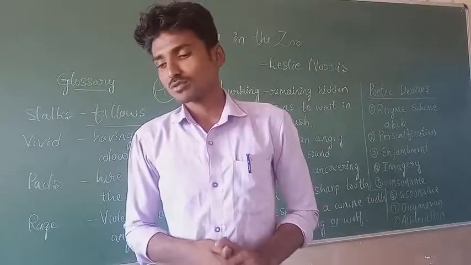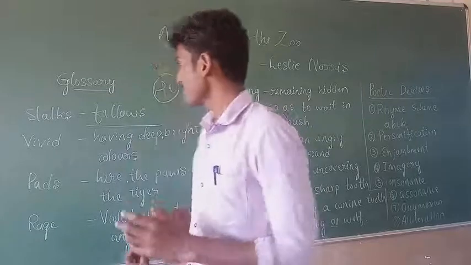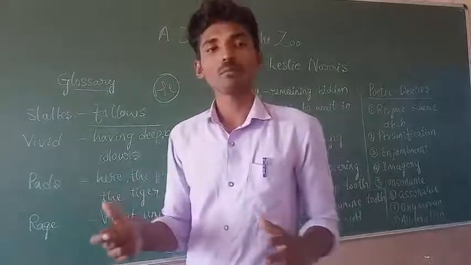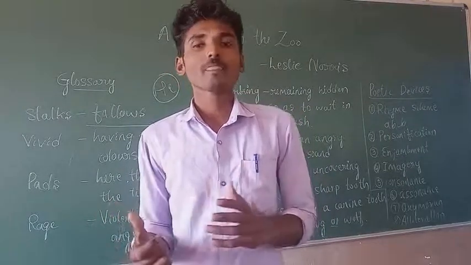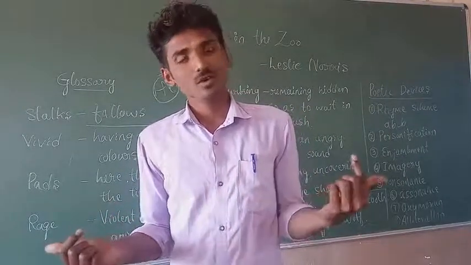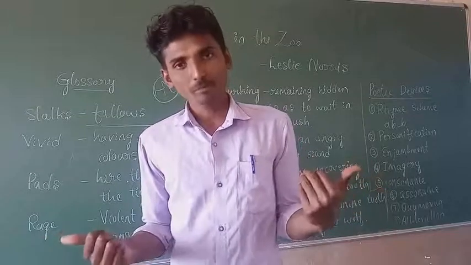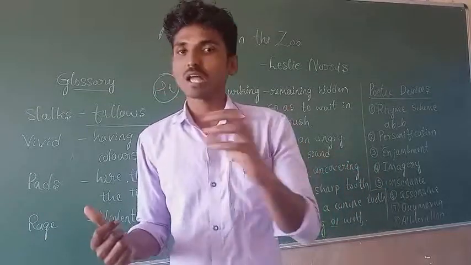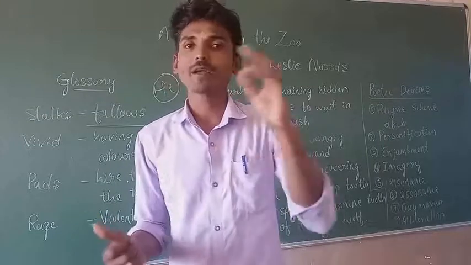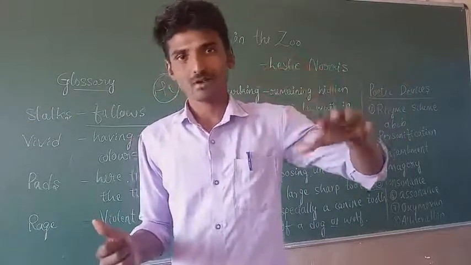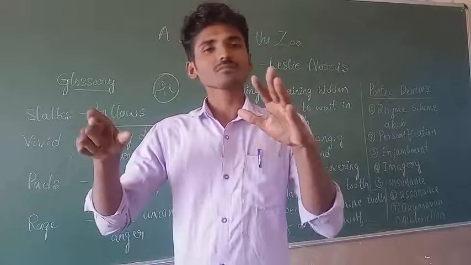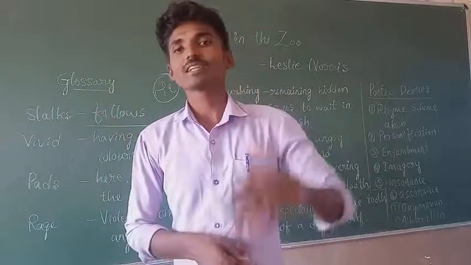In vivid means here having deep, bright colors on it. So a tiger having deep colors on his body. The different colors of stripes are yellow, black, white, black, and something saffron or black, in different parts of the terrain.